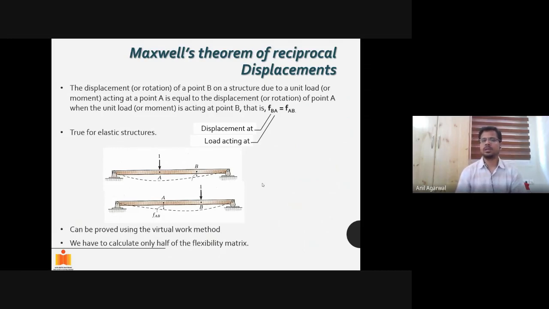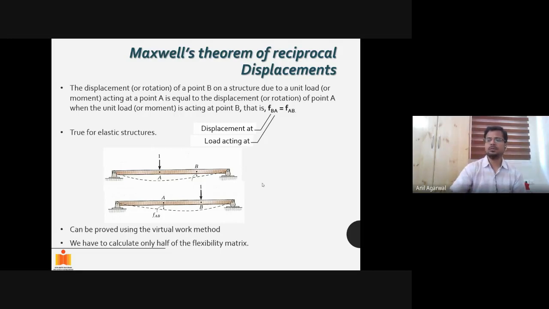All it says is that if the system is linearly elastic, you apply a unit load at one point and measure the displacement at any other point. Then you apply a unit load at that other point and measure the deflection at the first point. The two deflections, that is FBA, the deflection at B because of unit load at A, will be equal to FAB, the deflection at A because of a unit load at B.